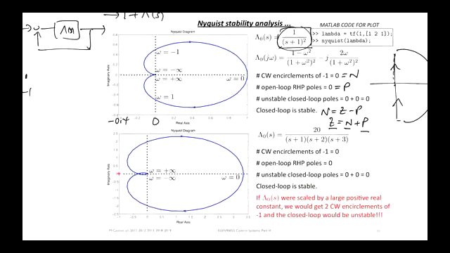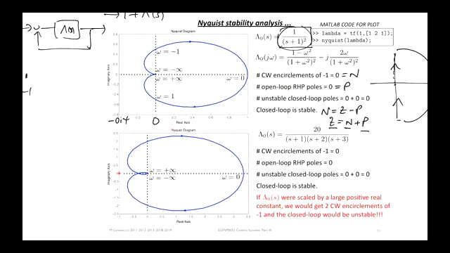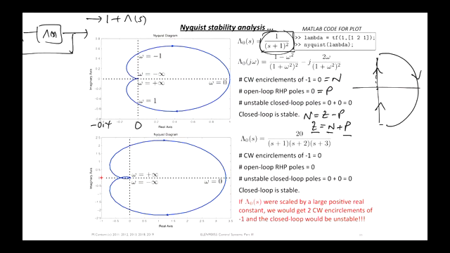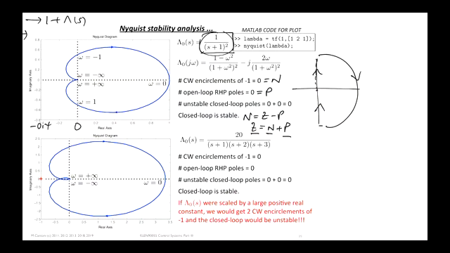Let's look at another example. But let me just say one more thing about this. In terms of trying to figure out which direction you're moving in, it's useful to think about what the Bode plot, and in particular the phase part of the Bode plot, looks like for a function like this.